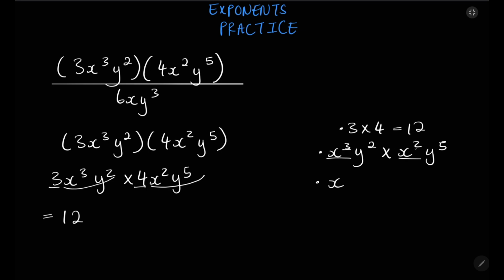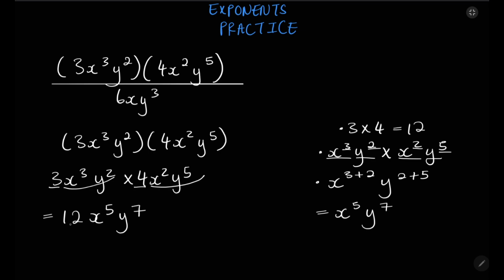Let's move to our exponents, 3 and 2, 3 plus 2. For y, because we have y and y there, 2 and 5, this is 2 plus 5. So our variables are x, 3 plus 2 is 5, y, 2 plus 5 is 7. So this is 12x to the power 5, y to the power 7.